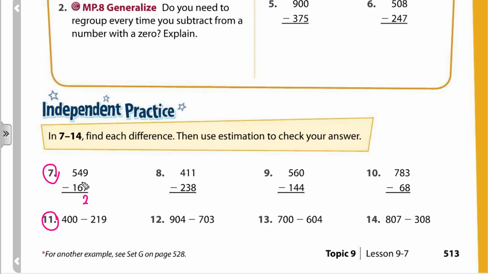We drop the 5 and regroup, and the 4 will be 14. Excellent. And we count the 6 to 14: 6, 7, 8, 9, 10, 11, 12, 13, 14. 8. Okay. 4 minus 1 equals 3.